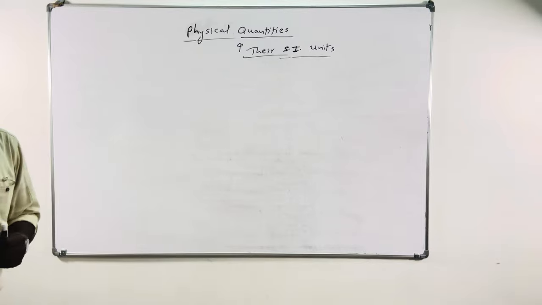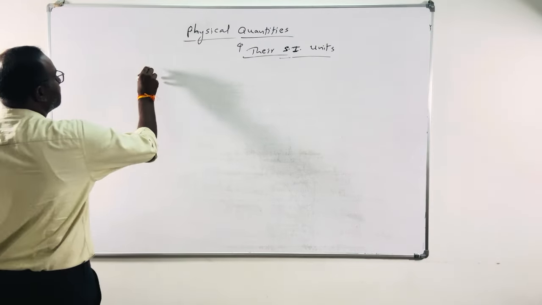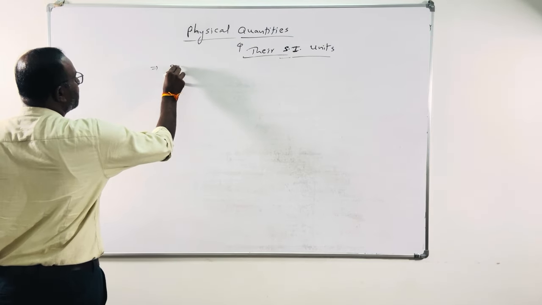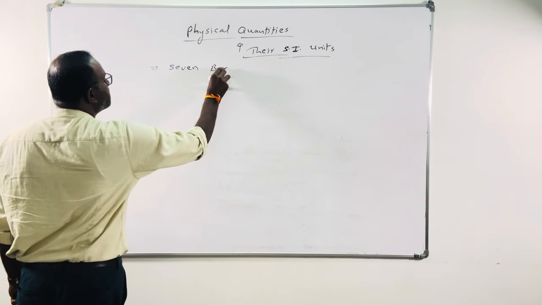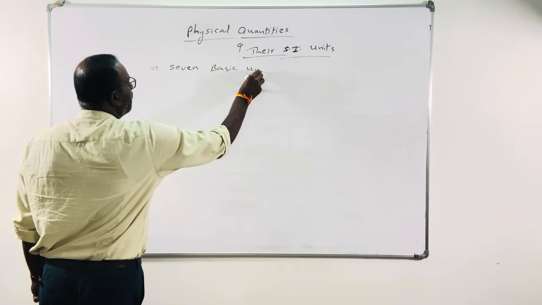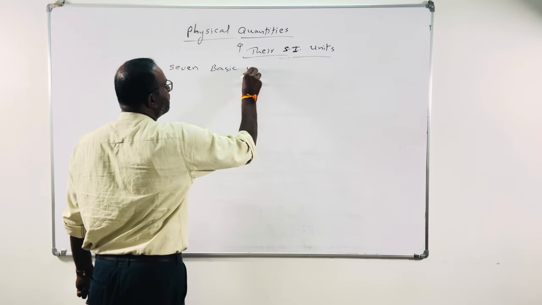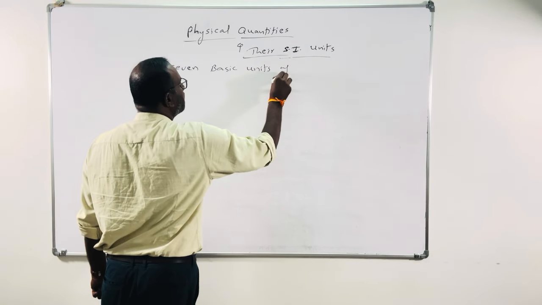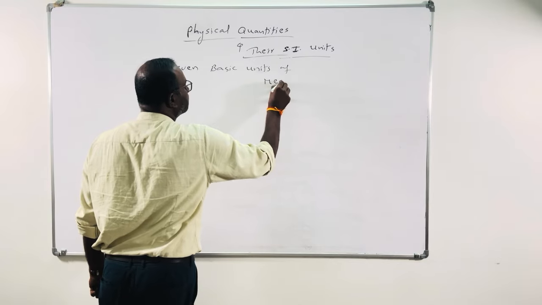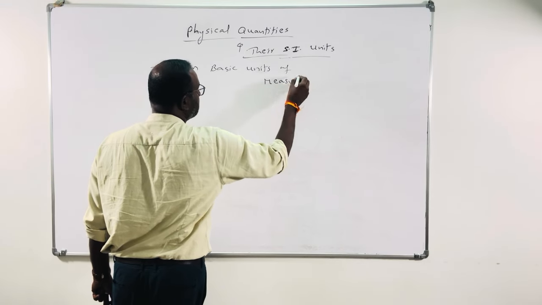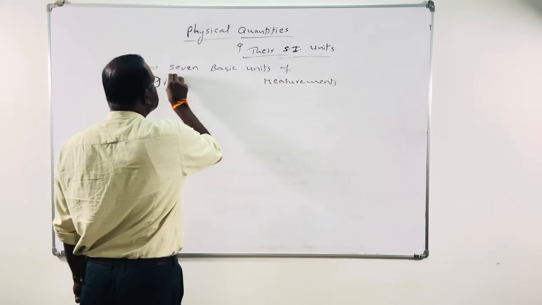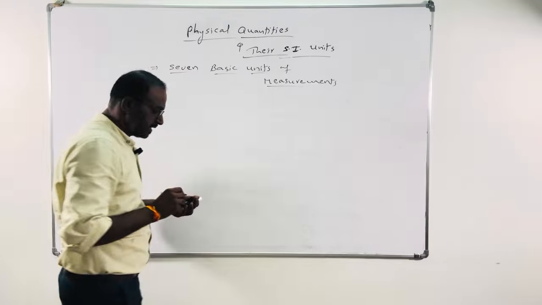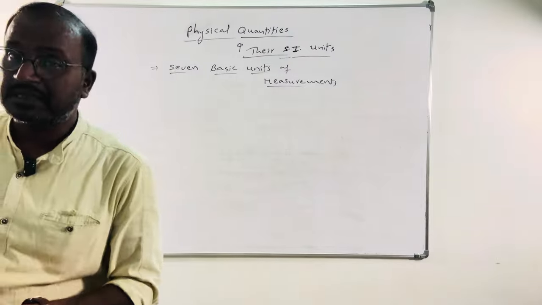Seven basic units of measurements are there in physical quantities and physical properties.